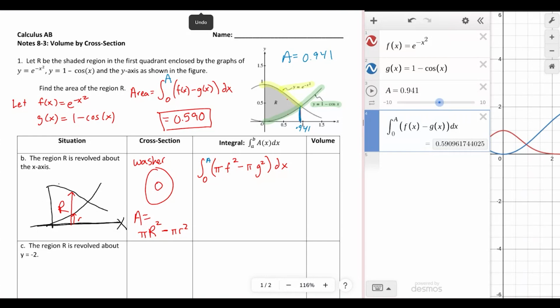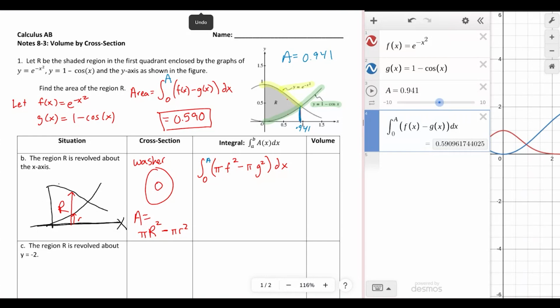Now, what I was saying a second ago, I kind of got ahead of myself, is that notice how both of these have a pi, right? And this is going to be pretty consistent on all these washer problems. They're all going to have that pi in there. It's a constant coefficient, so you could factor it out like a GCF, just to make the whole expression a little easier to write. And since this is just a sum of these over and over again, you can factor it out as a GCF outside of the sum.